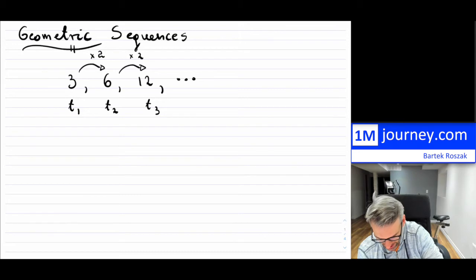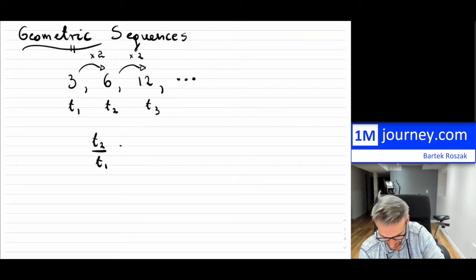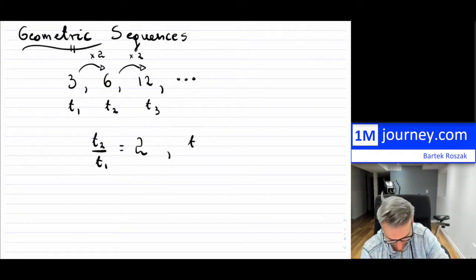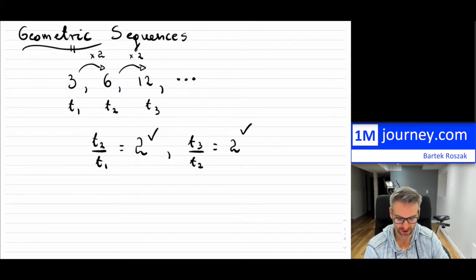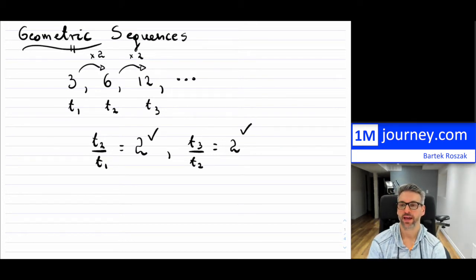If I take t2 and divide it by t1, I get 2. If I take t3 and divide it by t2, or any two consecutive terms, I get the exact same ratio between them. That ratio can be positive or negative, a fraction or a decimal.